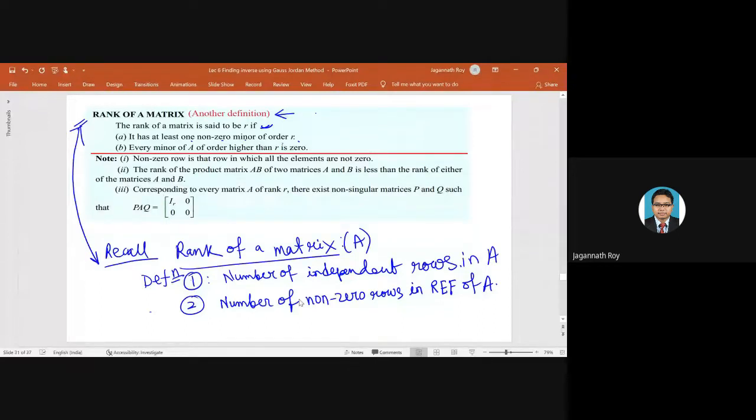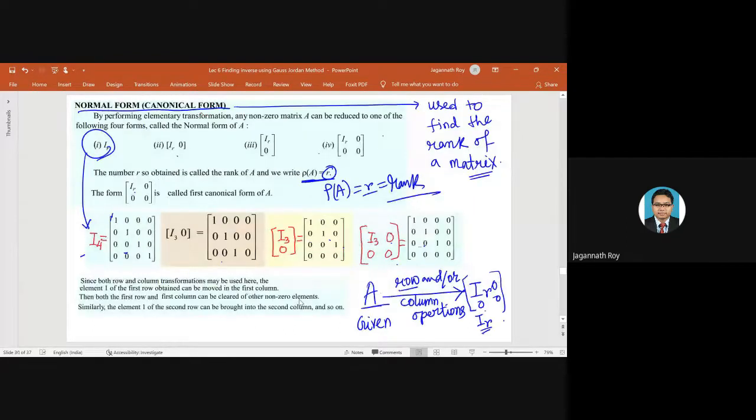In this case, every minor of A of order higher than R will be 0. Here the rank is 3. If you take the minor of order 4, delta 4, the minor of 4 by 4 order, then the determinant becomes 0.